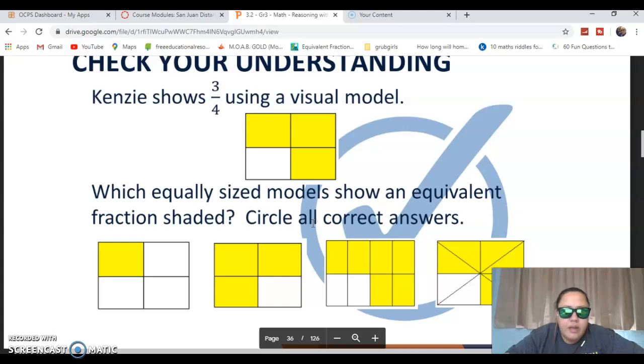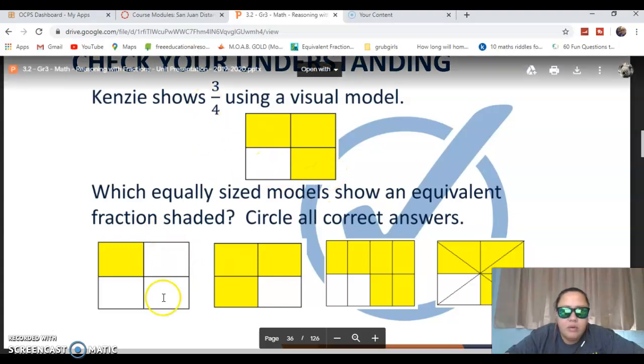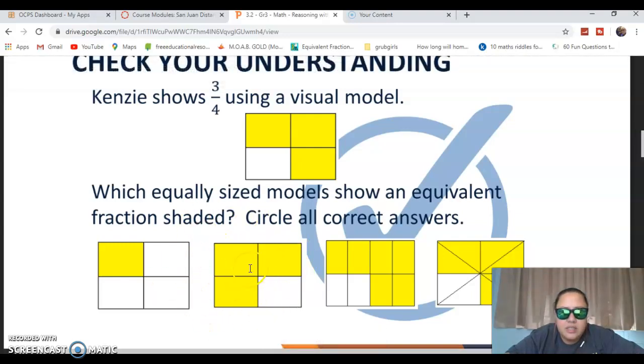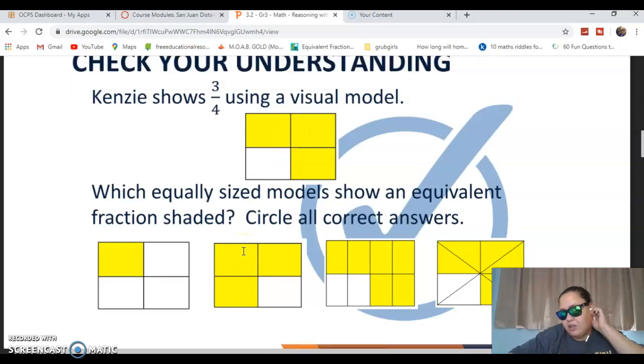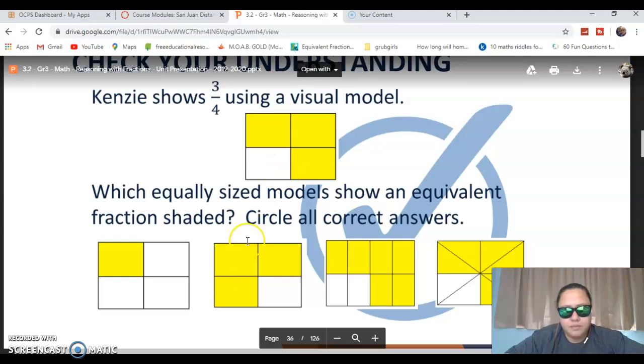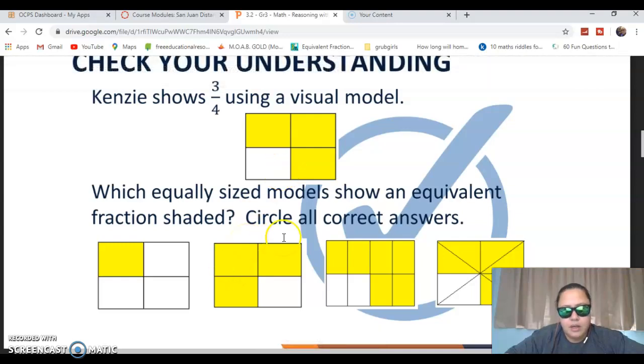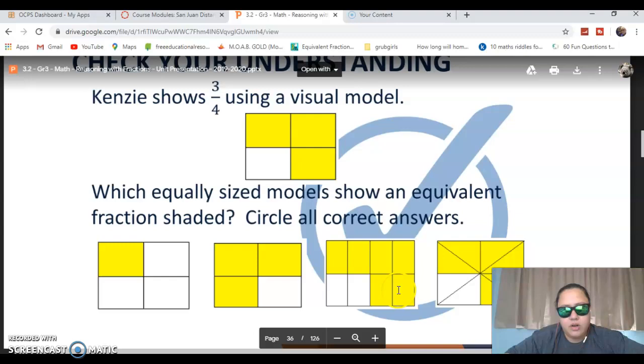So even though we say, oh, here are 4 parts, I'm only going to pick one, which is this one, because this is equal to here. That is true, but it's a select all. It's a circle all. And there are 2 other ones that are just as equal to 4ths. And if you said it was these 2, you are correct.